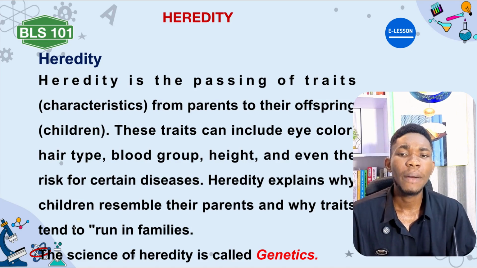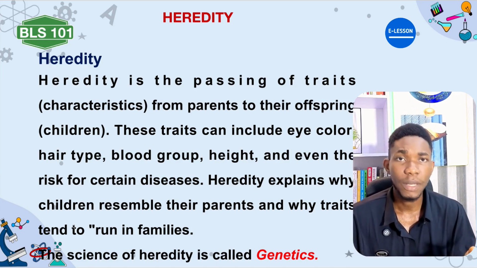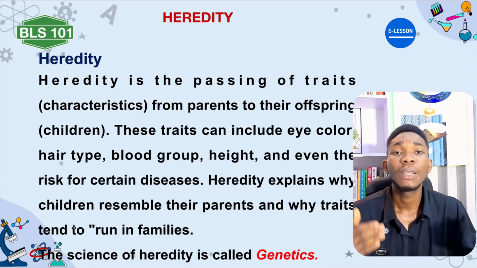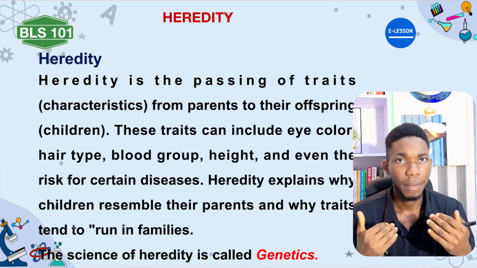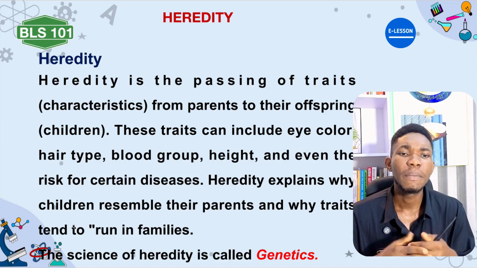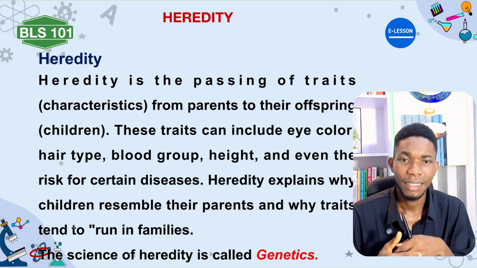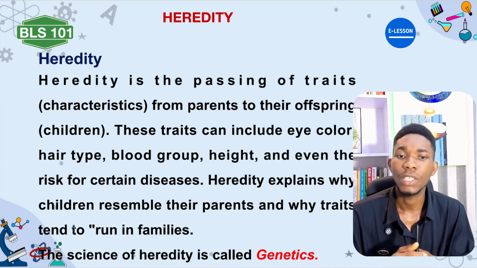So when we talk about heredity, it's not just the phenotype, that is the physical appearance of that person. It goes beyond that. But the one that most of us often look at is the physical appearance, which is the phenotype. So, heredity is the passing of traits and characteristics stored in the genes from parents to their children, which is their offspring.